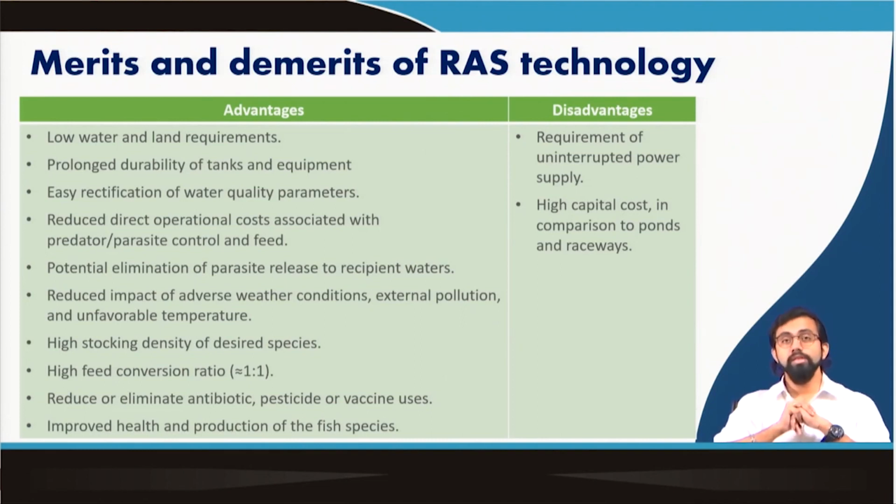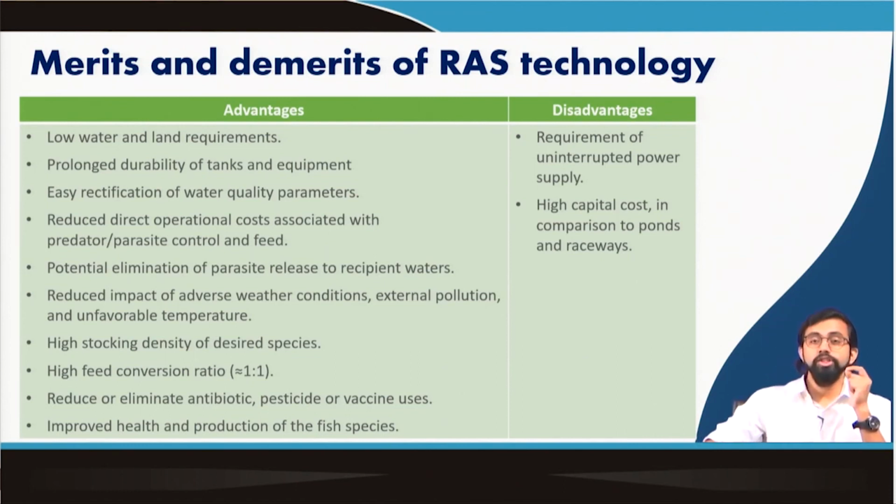But it comes with some disadvantages. The major disadvantage is that because it's completely artificial, a completely anthropogenic activity, complete human presence is required, or complete automation is required. In that automation we have to make sure that it has uninterrupted power supply.